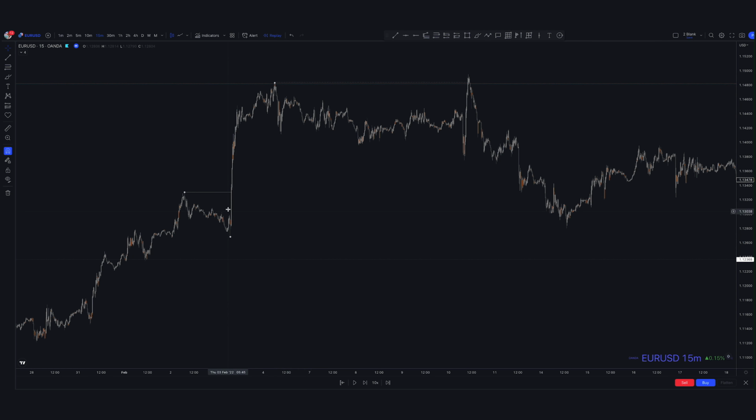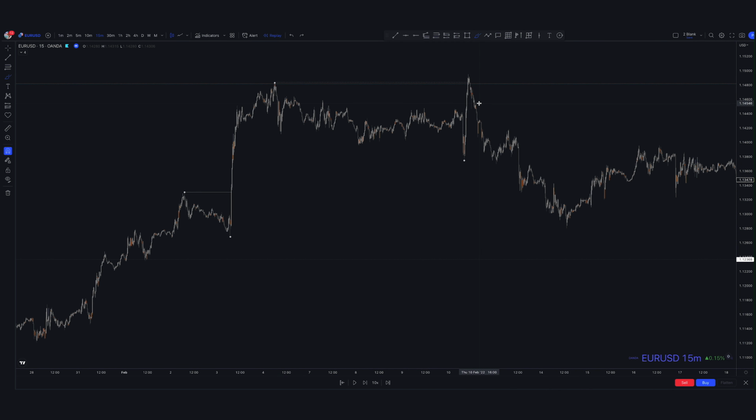And then after this push on the 15, what is the lowest place where price went before the push? So this would be it. After we had this break here, this was the lowest part of the pullback of the swing on the 15-minute.